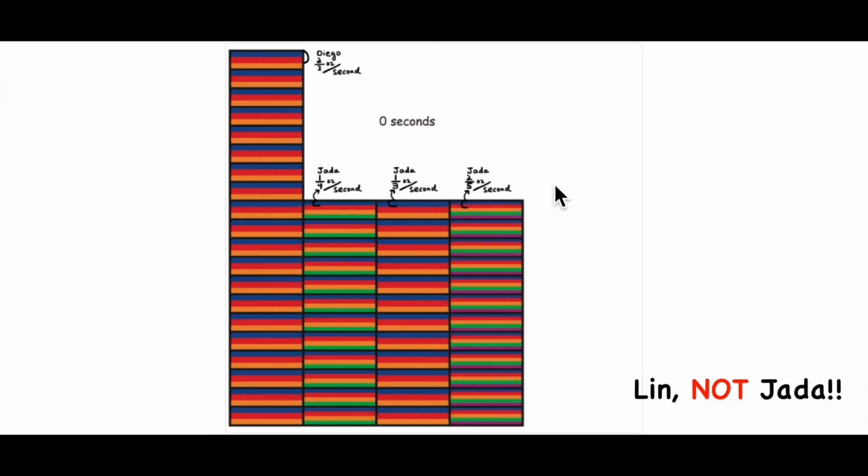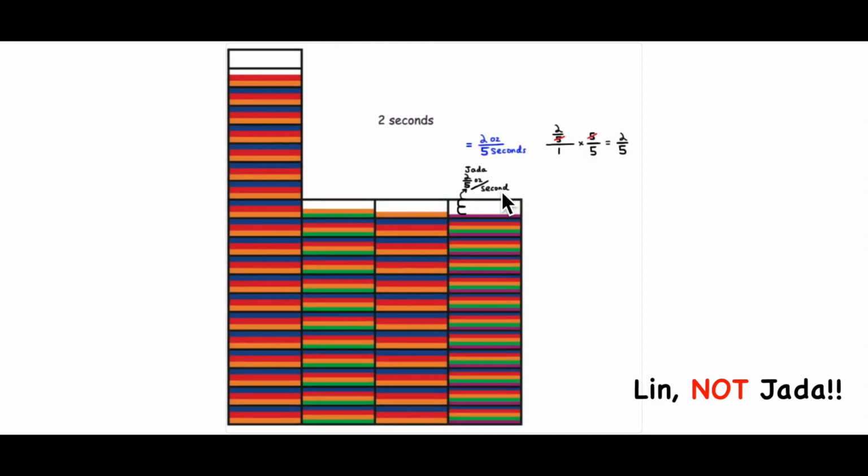And finally, 2/5 of an ounce in 1 second. Well, go out 5 seconds: 1 second, 2 seconds, 3 seconds, 4 seconds, 5 seconds. That's 5 times 2/5. These 5's cancel and you end up with 2 ounces in 5 seconds.